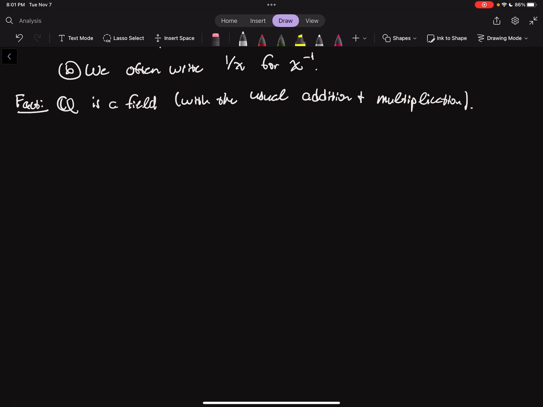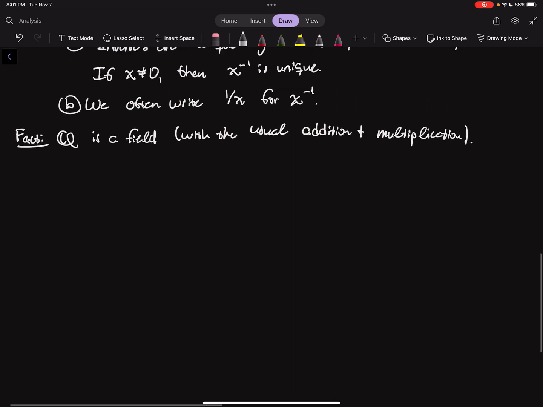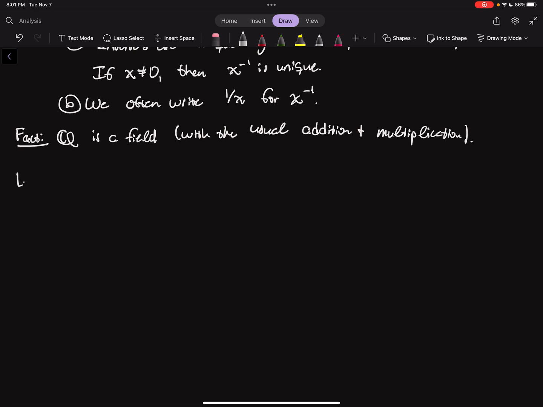And from the field axioms, we can actually prove pretty much every algebraic property about Q. I'm pretty sure we can prove everything we would ever want to care about as far as algebraic properties go. Not so much for the ordering properties, but we'll get to that in the next video.